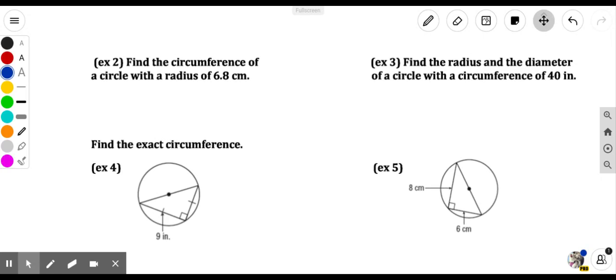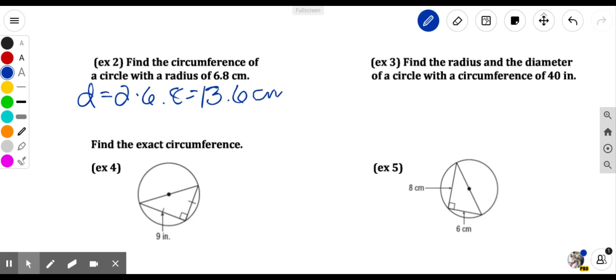Okay, so this example on the back says, find the circumference of a circle with a radius of 6.8 centimeters. So first I'm going to find the diameter just to show you. A lot of times the questions ask for the diameter and the radius. So diameter is just going to be 2 times 6.8, which is 13.6 centimeters.